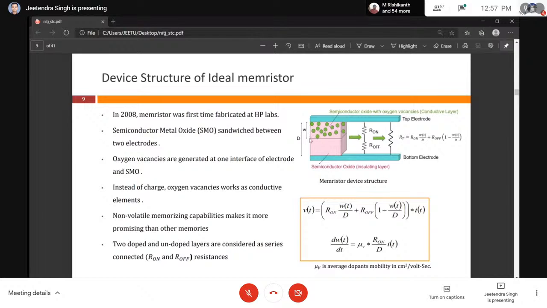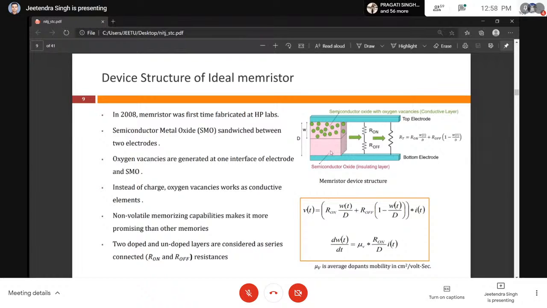The dimension in which the oxygen vacancy is created is W, and the whole dimension of the device is D. If these oxygen vacancies are positively ionized, meaning we have O2 plus or O2 2 plus, then if we apply a positive voltage here, these positively ionized oxygen vacancies will repel and extend towards the other electrode, and you can see that the whole layer will become conducting.